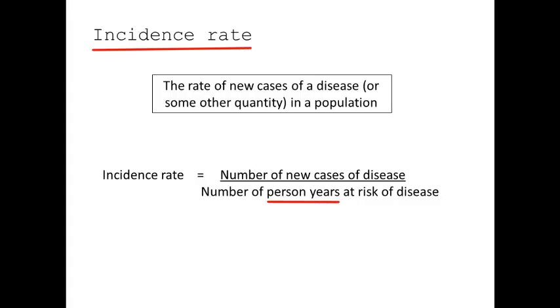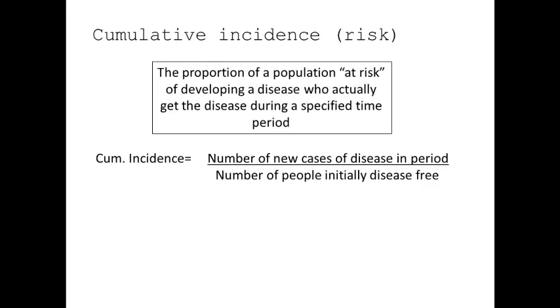If there are an average of 100,000 people in a population in 1 year, then that is conceptually the same as 100,000 person years. And it's obviously not feasible to define person years exactly on an individual level in global studies such as the HIV example, and it would be futile to try and do so. But the important point is that the measure is a rate because it includes a unit of time.